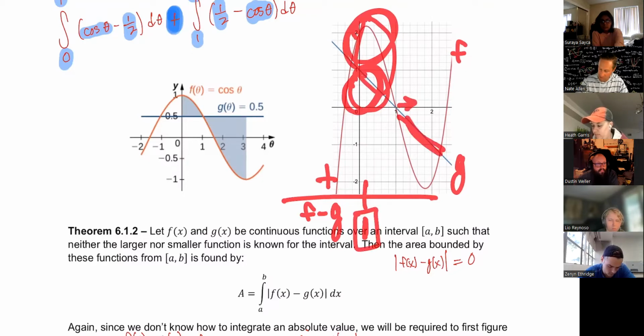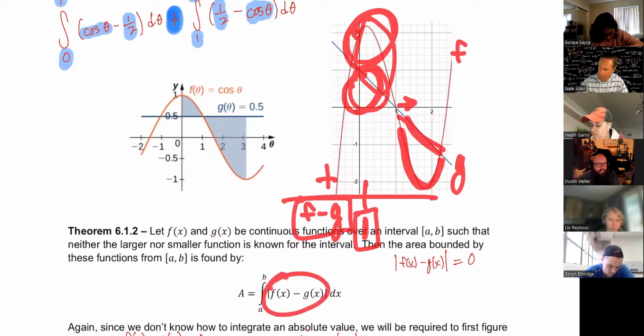Well, now g is bigger than f, isn't it? But because we did f minus g in all of this, what is it going to come out? Negative. Because we're still doing f minus g because we don't want to guess. We're just going to do it. And how are we going to combat that so that it does give me the correct thing?